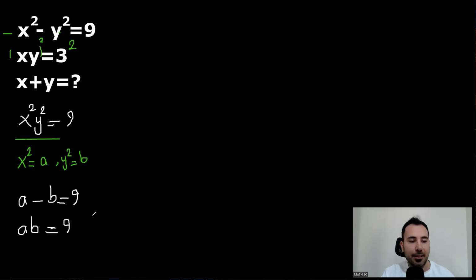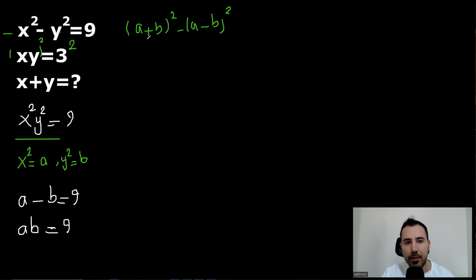Well, to do that, we're going to use this formula. Here we know that a plus b squared minus a minus b squared equals what? If you don't know, you just have to expand both of these, right?